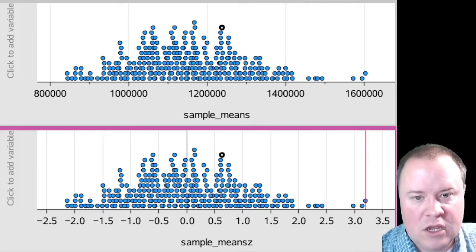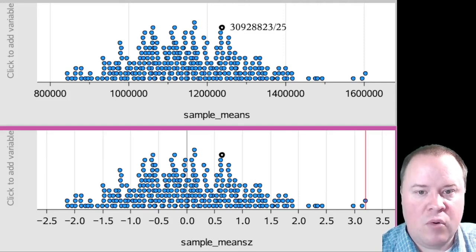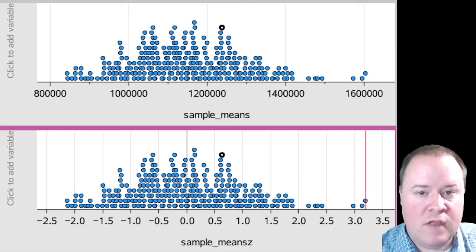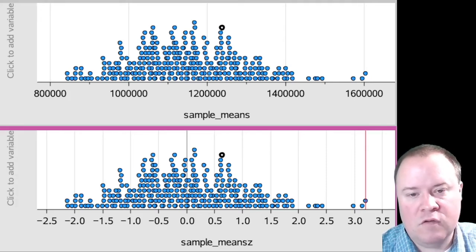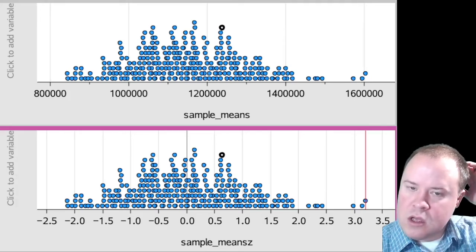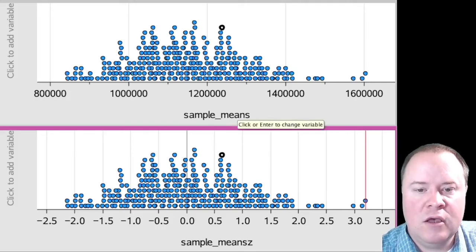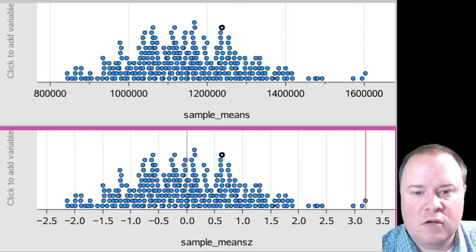And so it's at the same spot, and that data point is somewhere around 1.25 million. That data point of 1.25 million is about 0.7 or 0.6 standard deviations above the mean.